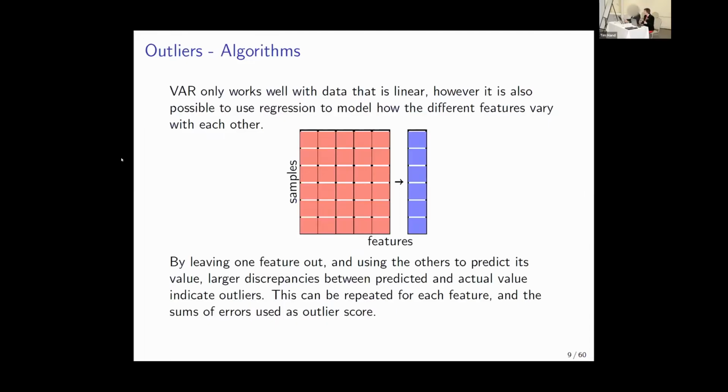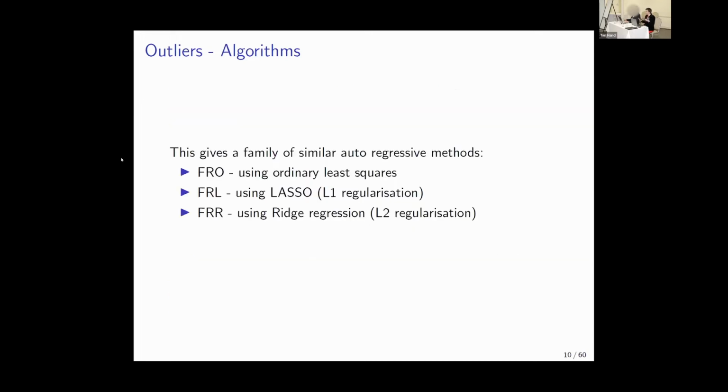If you get one feature that's getting you a bit of an outlier score, we're making this model work for each feature, predicting one of the features that's not in, and then repeating it, so every feature has the same done for it. We add it all together, and we get an outlier score for each sample. This can give us a family of similar autoregressive methods, which I have called feature regression.